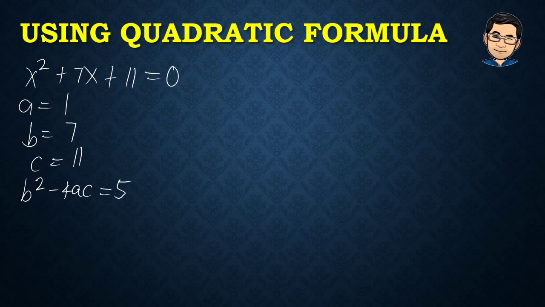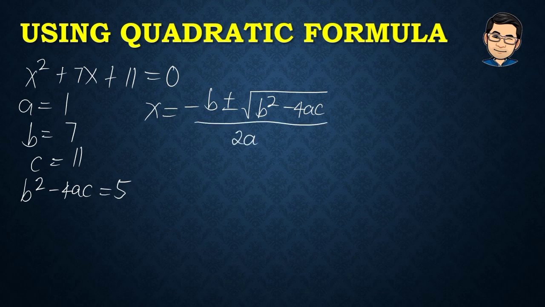Now, we apply quadratic formula. x is equal to negative b, positive negative, the square root of b squared minus 4ac all over 2a. Next, negative b, that is negative 7 plus minus the square root of, yung value natin na b squared minus 4ac, that is 5, and then all over 2 times the value of a, 1.